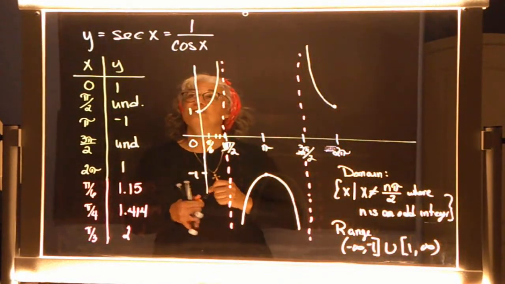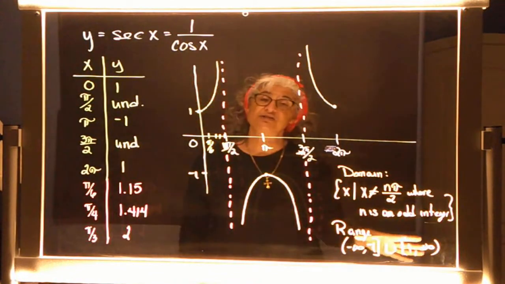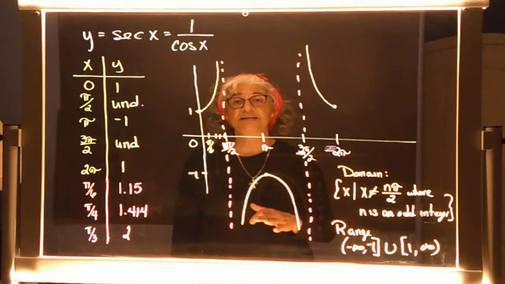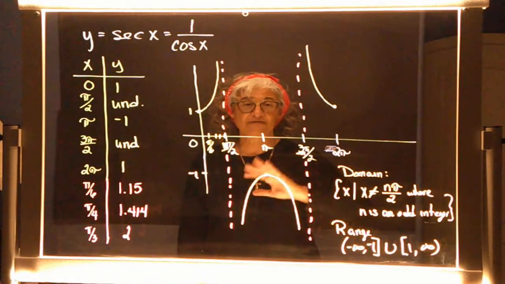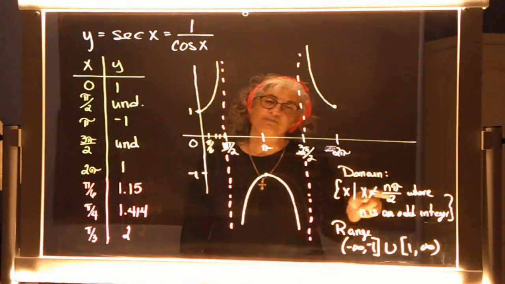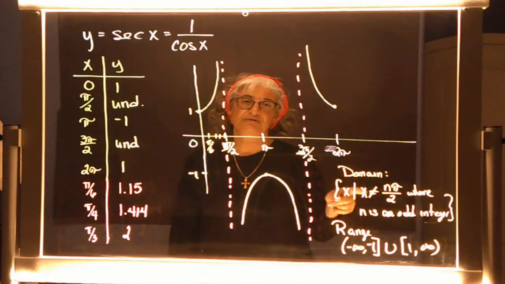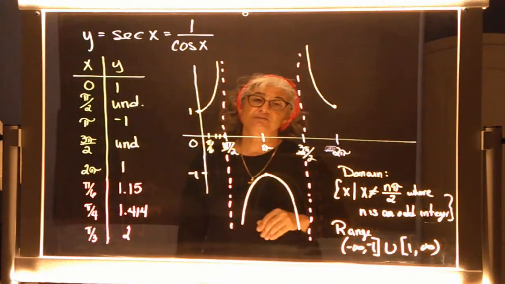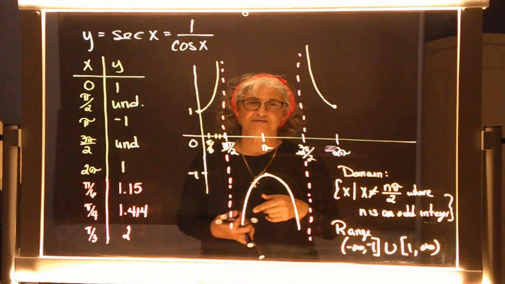So, for cosecant and secant, the range is exactly the same. It's outside of the positive 1 and negative 1, right? It goes negative infinity to negative 1, and then positive 1 to infinity. The domain is different because the asymptotes are different. Got it? Now, secant was the reciprocal of cosine, wasn't it? What's the graph of cosine?